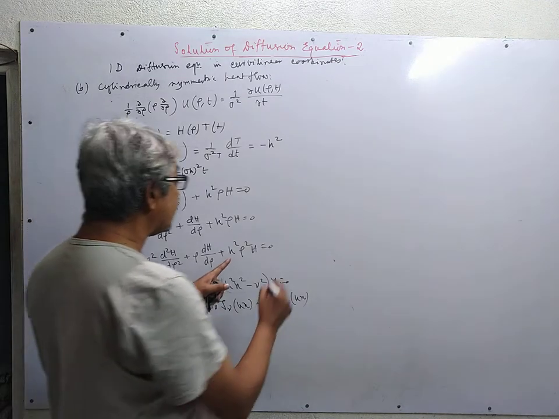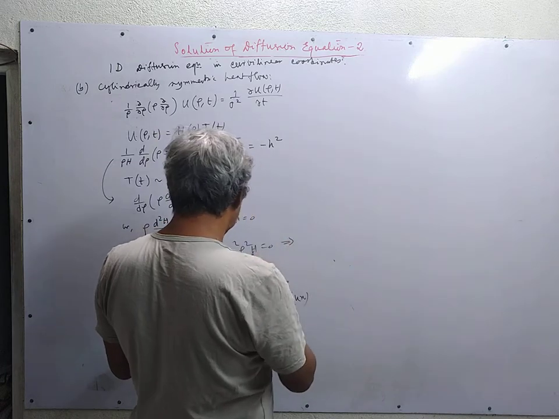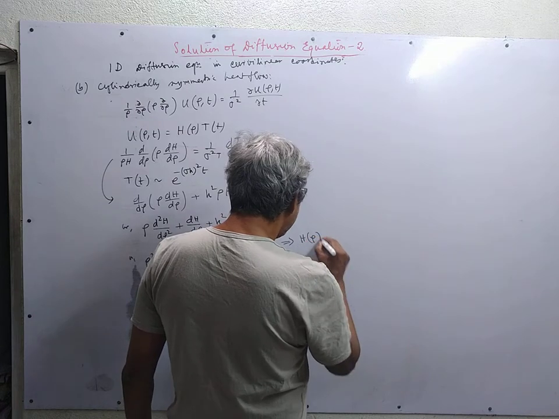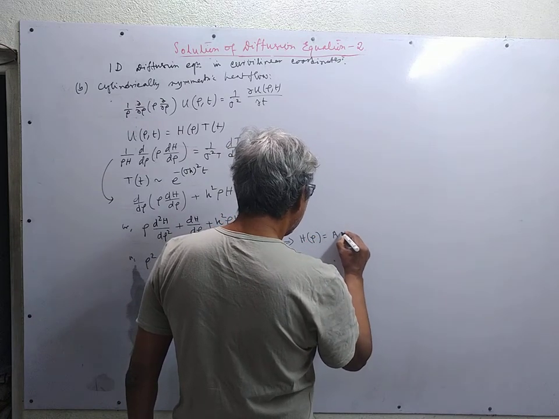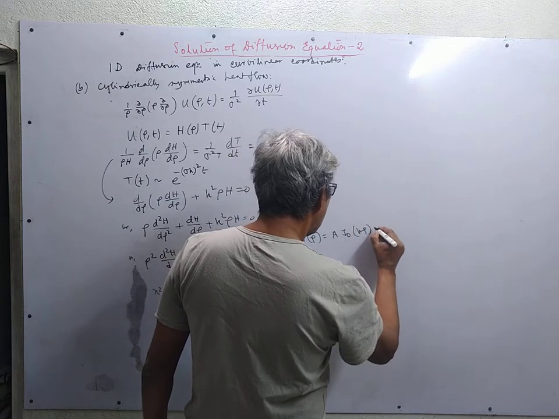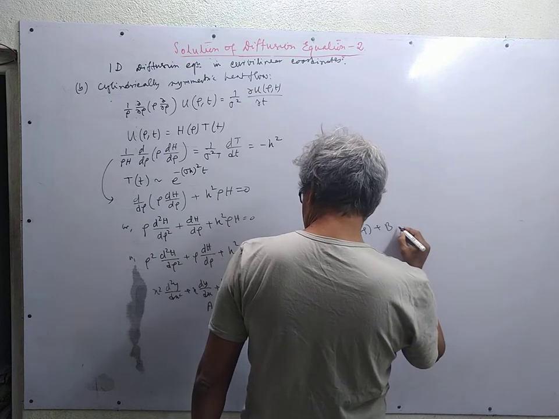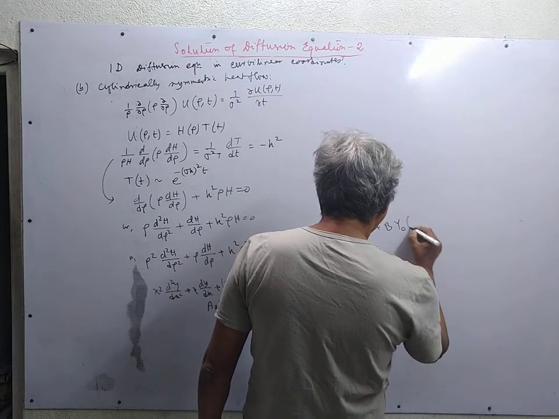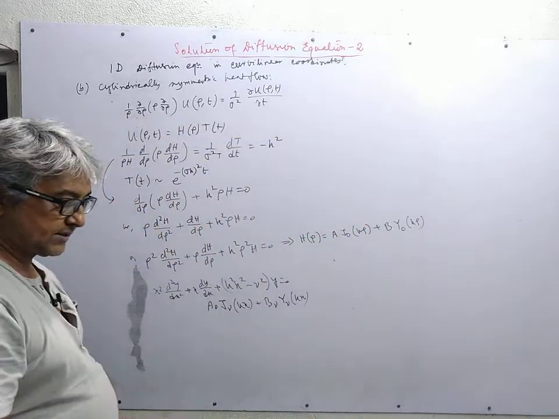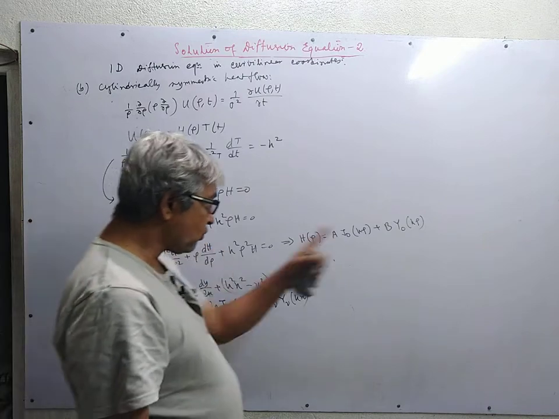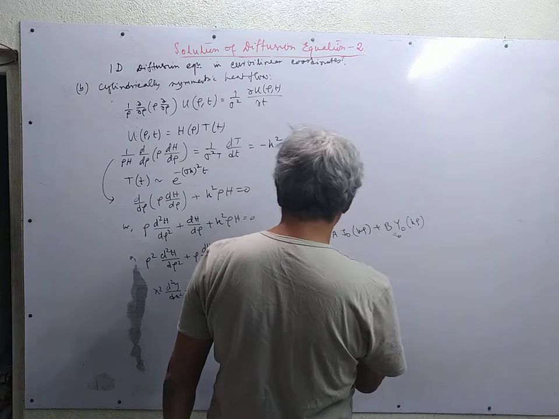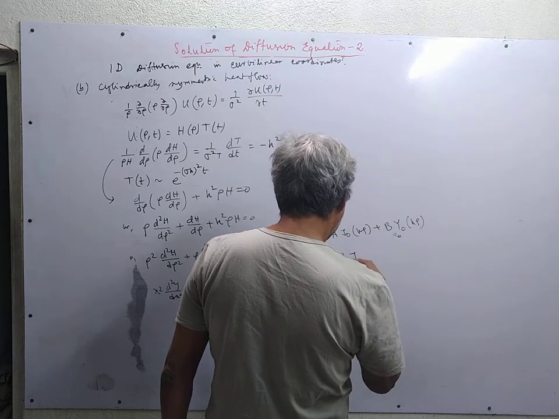Comparing this, we see that the solution has nu equal to 0, so h of rho is given by a J0 of k rho plus b Y0 of k rho. But if rho equal to 0 is within our region of interest, the Neumann function diverges at the origin, so we set b to 0.